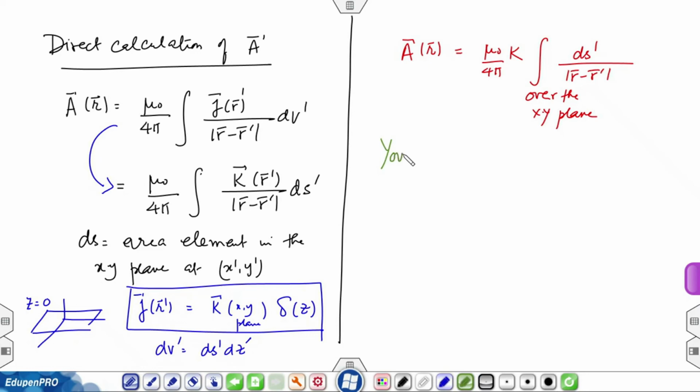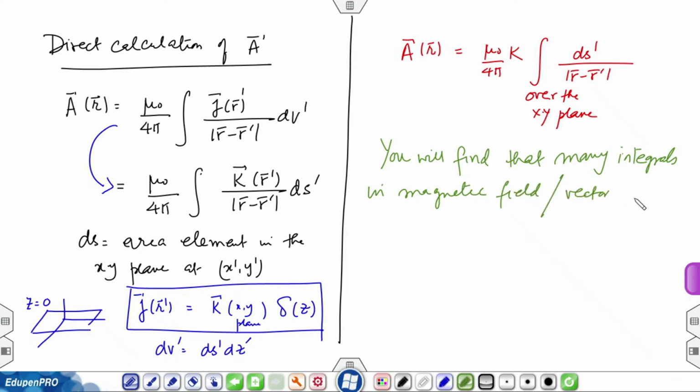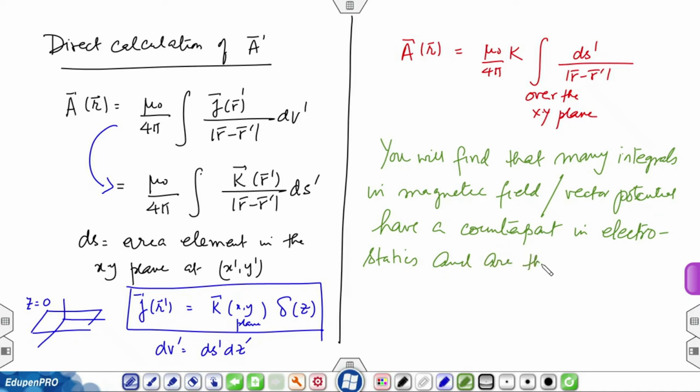You will find that many integrals in magnetic field, comma, vector potential, have a counterpart in electrostatics and are therefore well known.